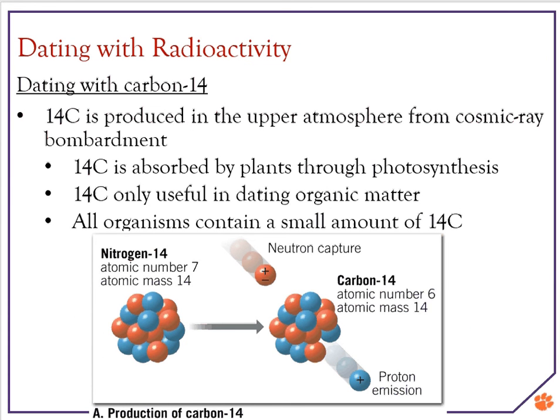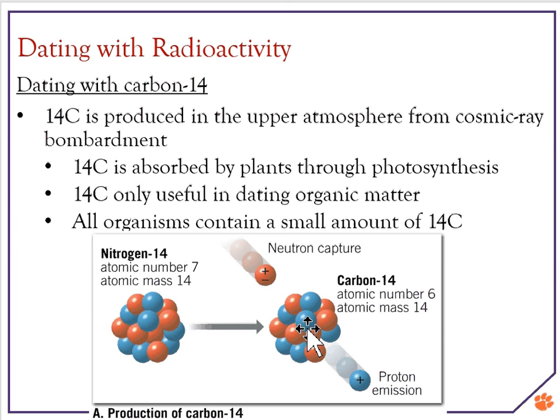Carbon-14 is produced in the upper atmosphere from cosmic ray bombardment. In this picture, you see how nitrogen-14 can actually transform itself to carbon-14. In this case, with the cosmic ray bombardment, we add a neutron into the nucleus of the atom. And this absorbed neutron decreases the atomic number of the material down to 6 from 7.